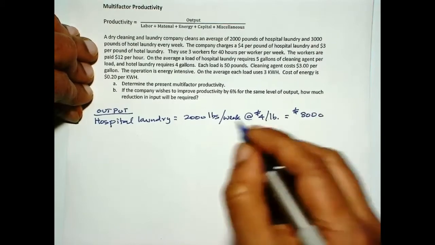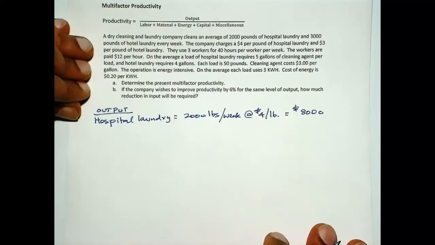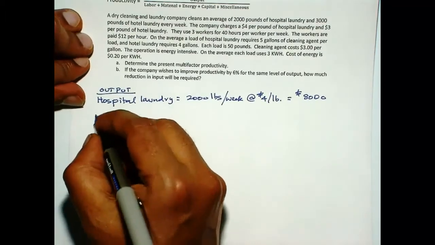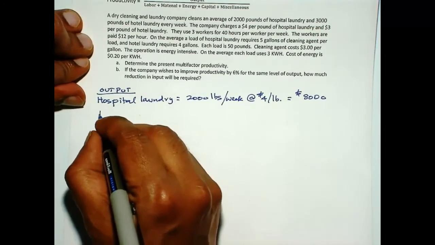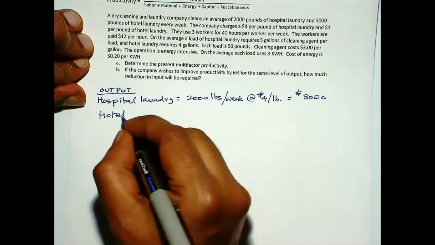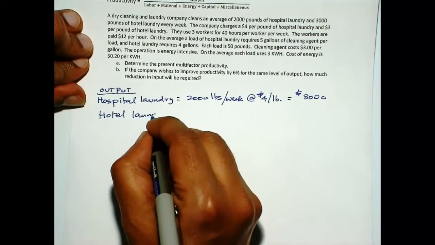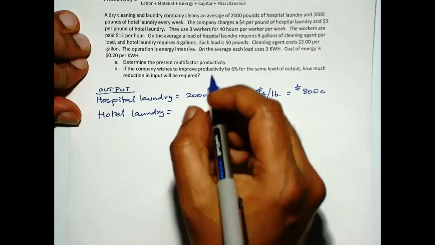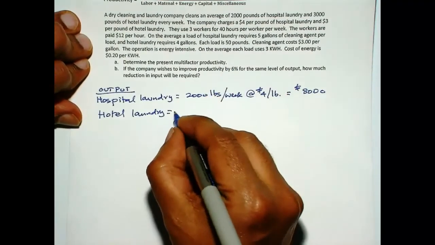Next is hotel laundry. And that is 3,000 pounds per week at $3 a pound.